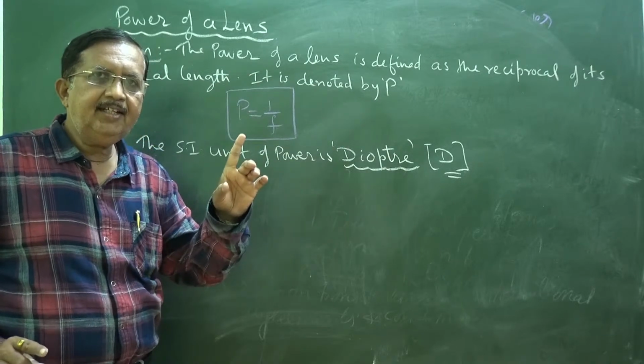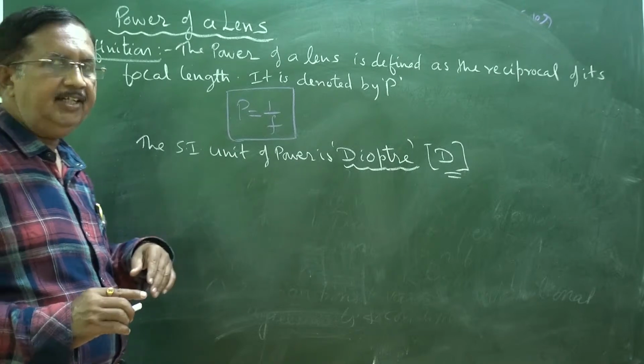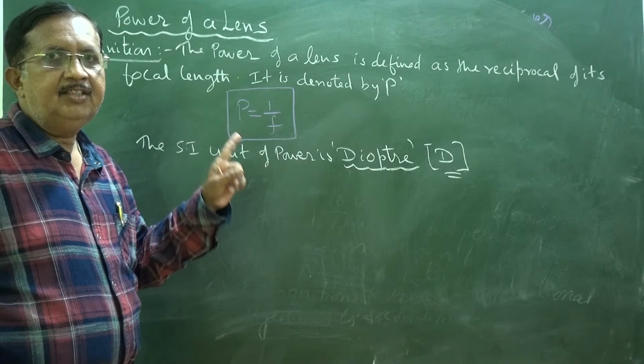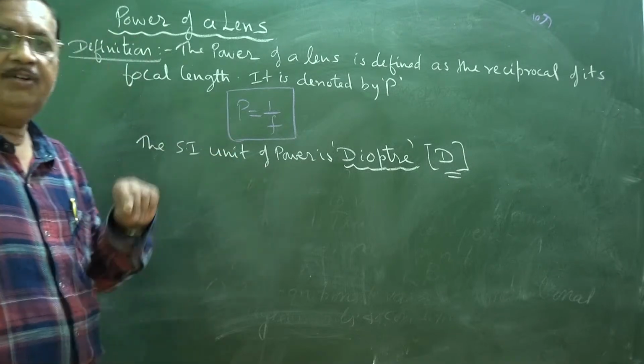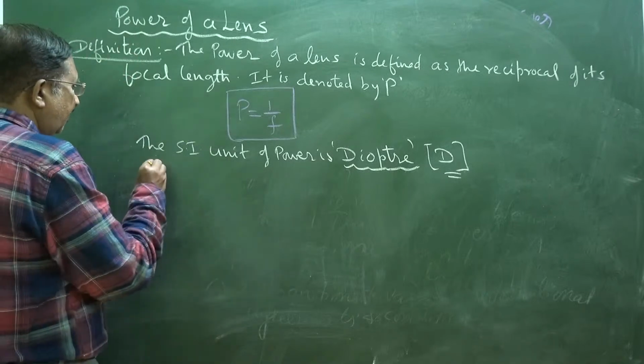One diopter, if it asks how will you define it? One diopter is the power of a lens whose focal length is 1 meter.